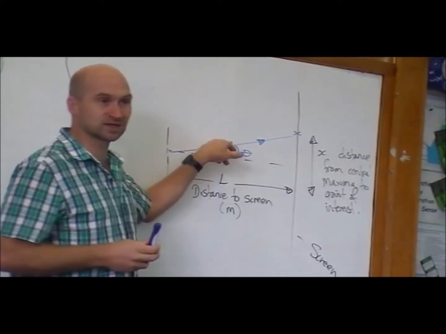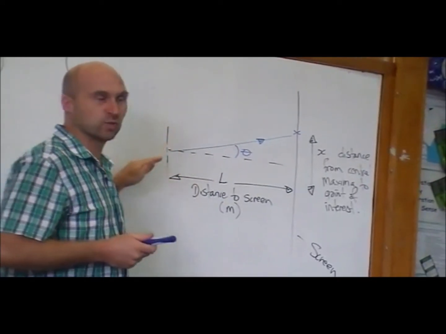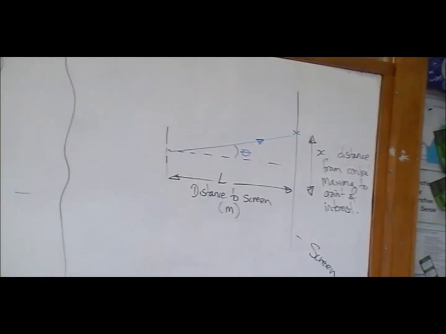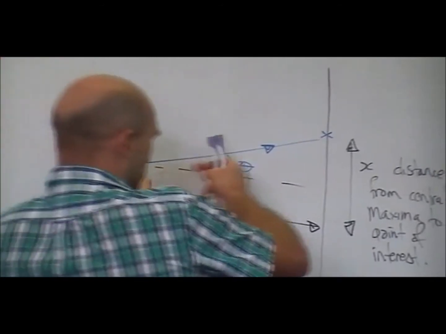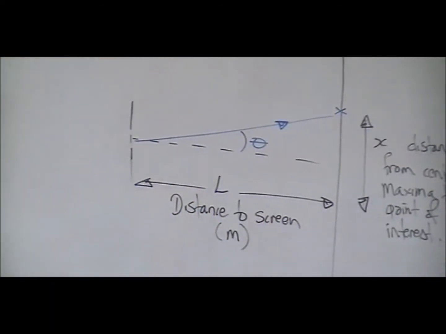When looking at this diagram, I'm just pretending that the slits are just one light source. That distance there is really big compared to the distance between the slits.